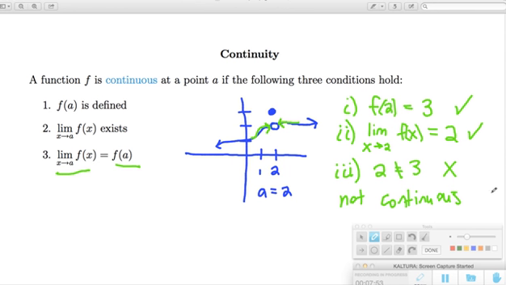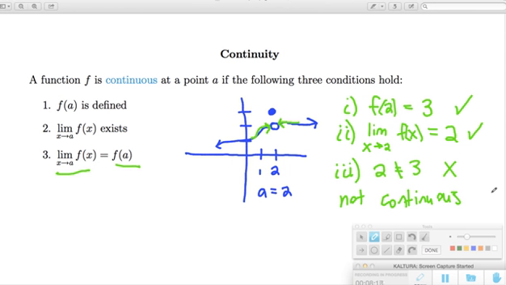Now, as just a general description of whether or not a function is continuous, a function is continuous if you can draw the function without actually picking up your pencil. Now, that's not the mathematical definition of continuity, so you can't use that to verify continuity.